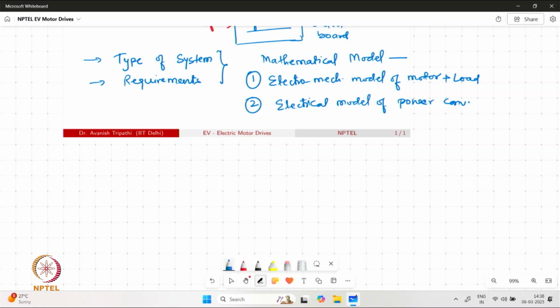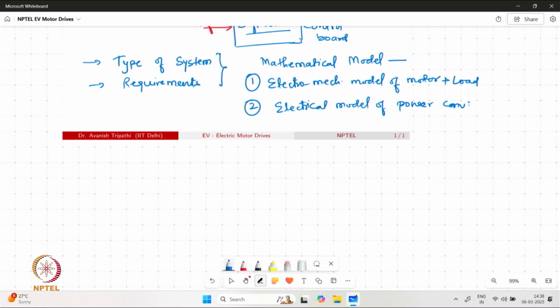So what we will do over here is take these two parts as the task for this lecture, and we will try to model the machine which we are going to deal with.